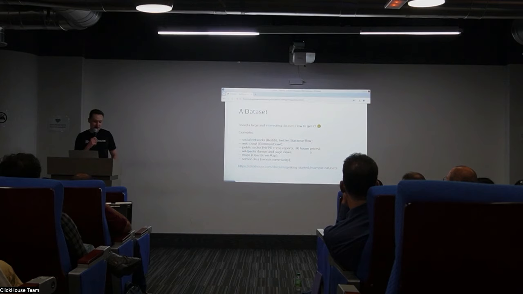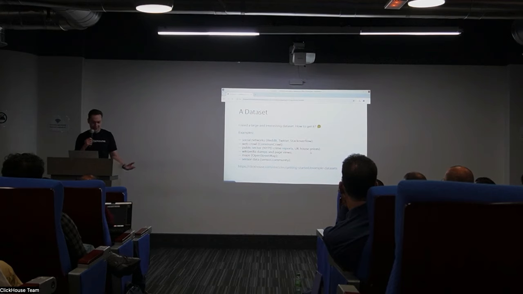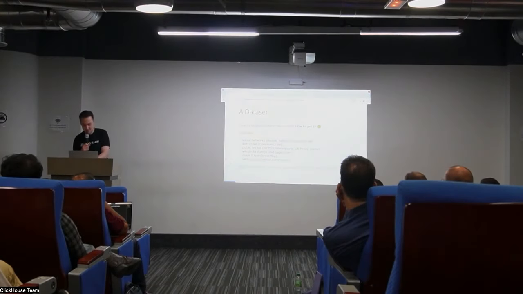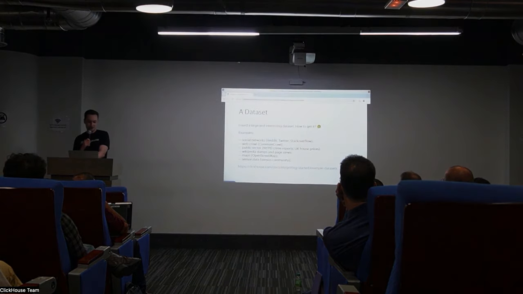There are public data from the public sector, like crime reports from New York, house prices in the United Kingdom, Wikipedia dumps, data from OpenStreetMap, sensor data, etc. A lot of stuff. And we have a special page with these examples and with tutorials on how to load this into ClickHouse.